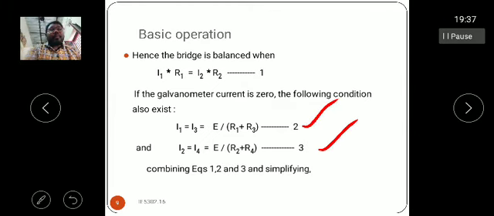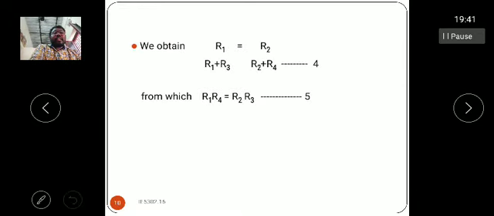Then combining equations 1, 2 and 3 and simplifying, we obtain R1 by R1 plus R3 is equal to R2 by R2 plus R4.